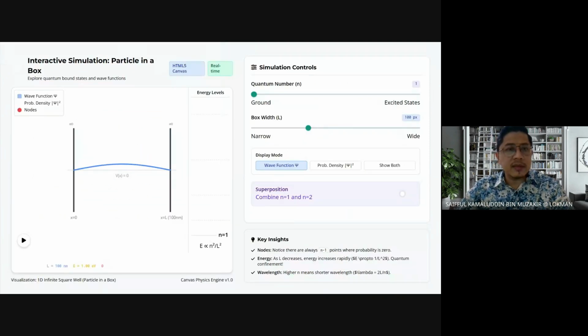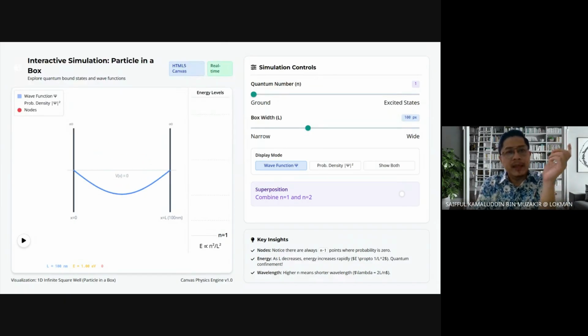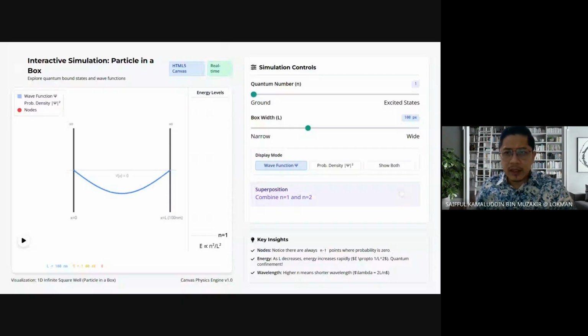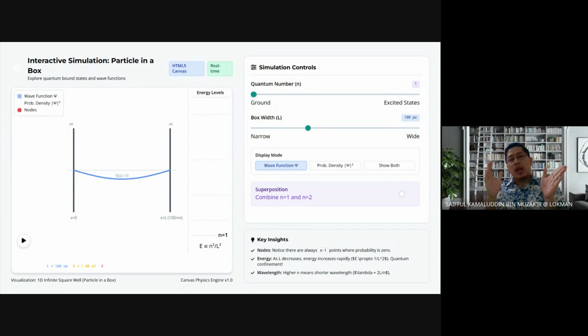Now we look at this interactive simulation, particle in a box. We have a custom interactive simulation that brings everything together. Look at the simulation on the left-hand side, the one that looks like a swinging rope. You see the infinite square well with walls marked V equals infinity.